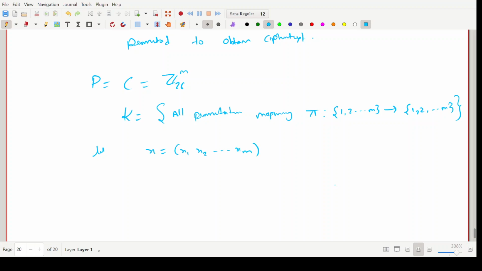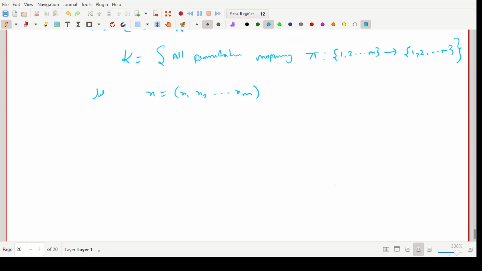The encryption is given by, my key is a permutation pi, so E_pi of x1 x2 up to xm is given by x_pi(1) x_pi(2) up to x_pi(m). That means I am just changing the positions.